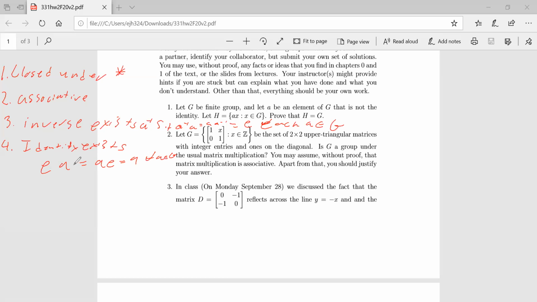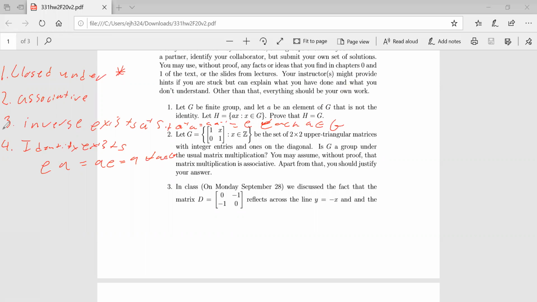So first, let's check number 4. Is there an identity element? Come on, guys. This isn't a hard one. Not x equals 1.